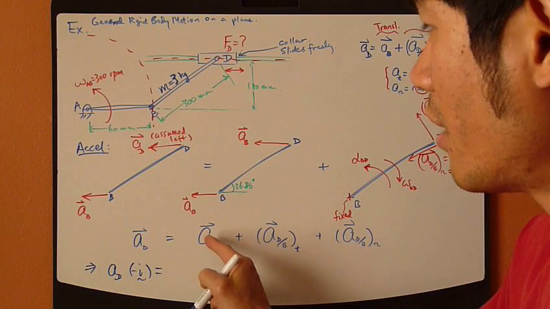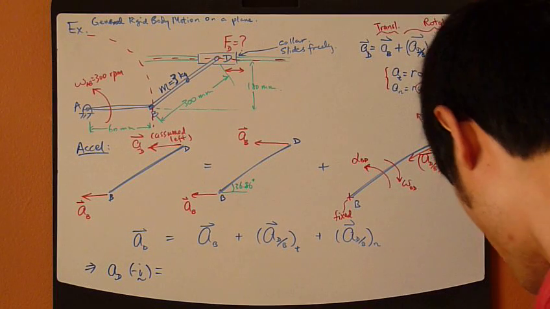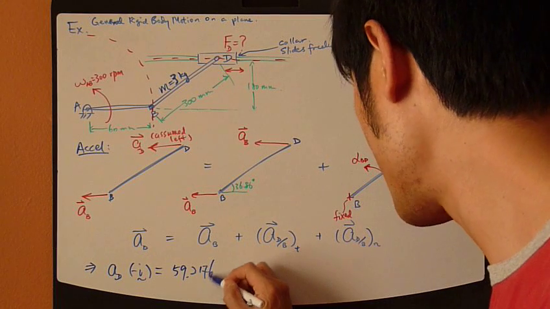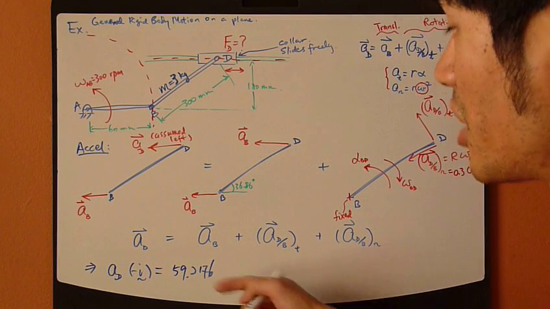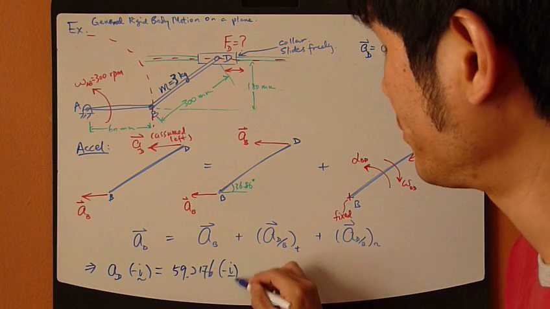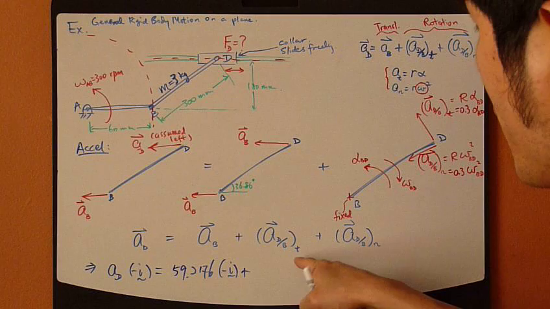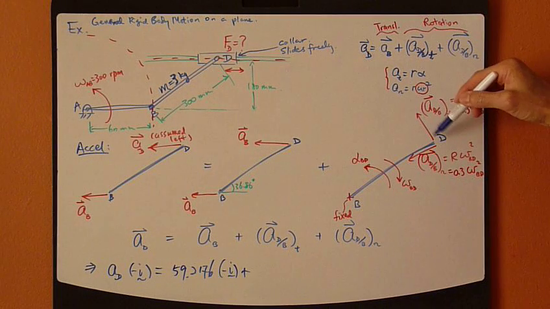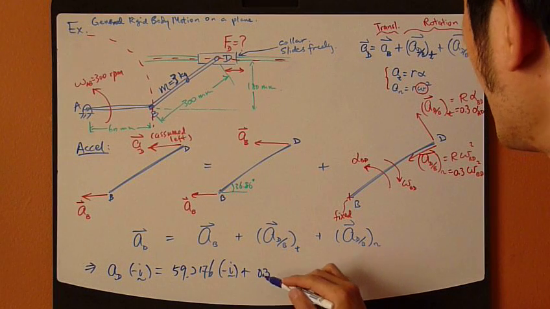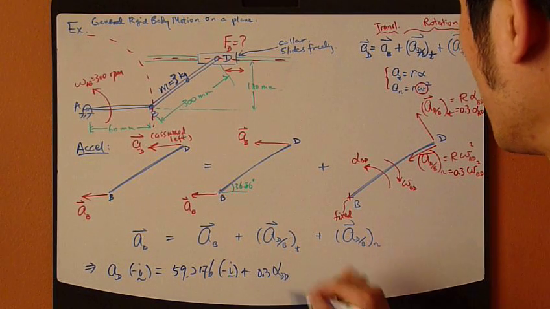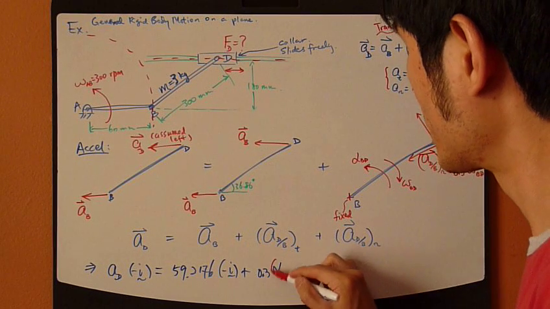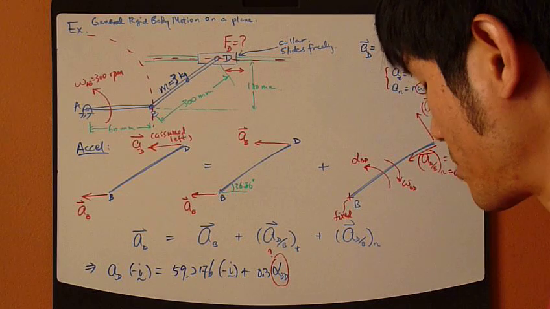AB, I found from earlier, which is 59.2176 meter per second square, and it's going to the left, so it's negative I, plus this guy right there, the tangent component, which is pointing in this direction, and the magnitude is 0.3 alpha BD, which is the unknown, and that's magnitude.